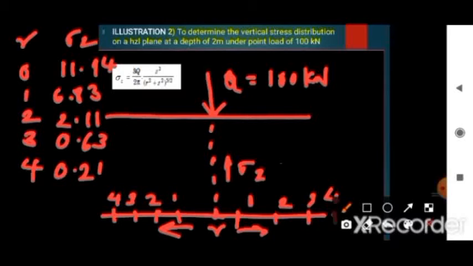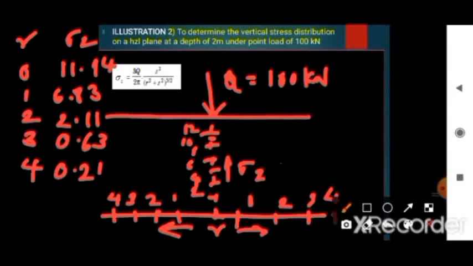So we will have the scale 2, 4, 6, 8, 10, 12, and 11.94 is going to be somewhere here, near to 12.